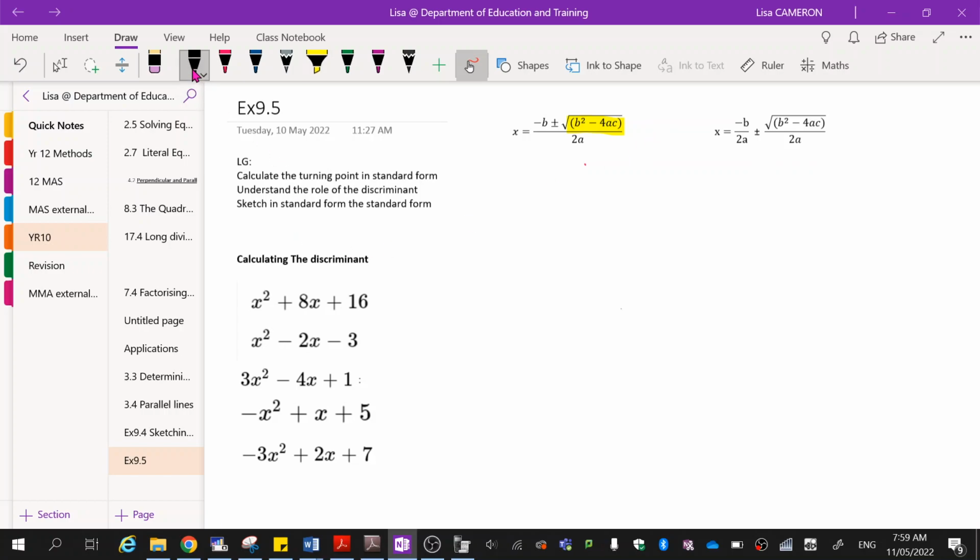Now, let's think about what happens if, let's say, b squared minus 4ac equals 0. I told you guys last time that this first part tells you where the center of the graph is. So it would tell you this coordinate here where the middle of the graph is.